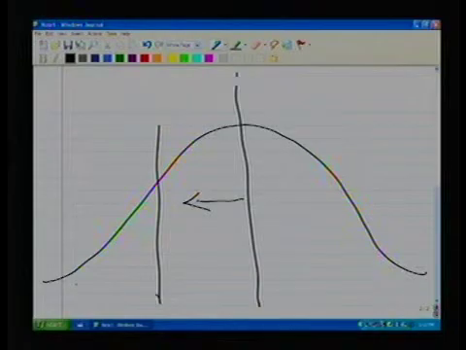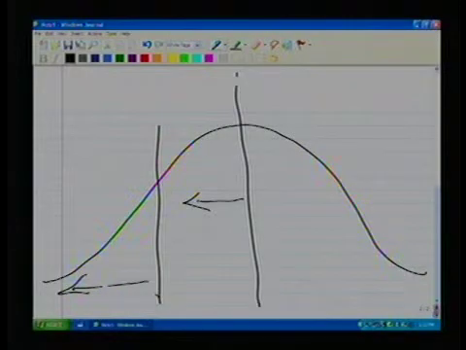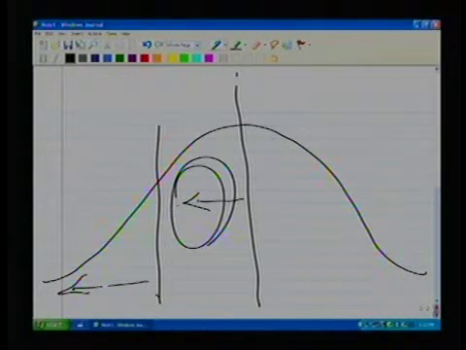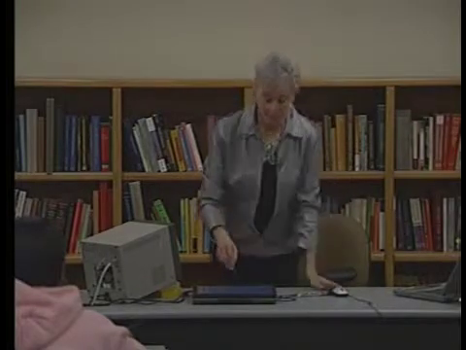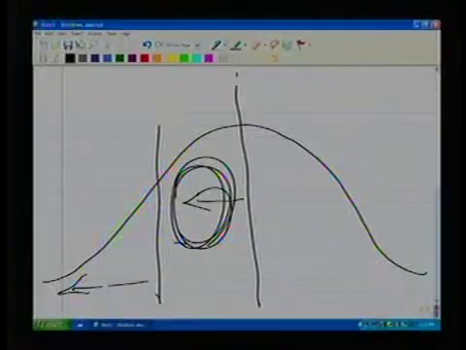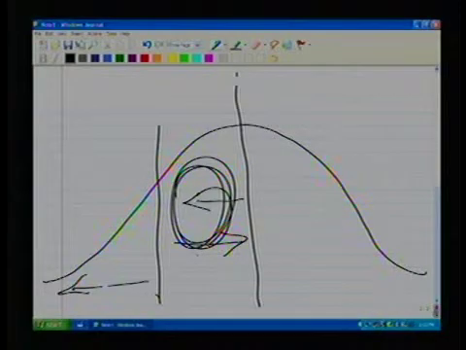Children with low incidence disabilities are likely to be on this end of the spectrum. We know that there are more children in this area because it's closer to the mean. And just like there are more ladies who are 5'3" than ladies who are 4'12", 4'11", there will be more youngsters in disability categories who are operating closer to the mean.